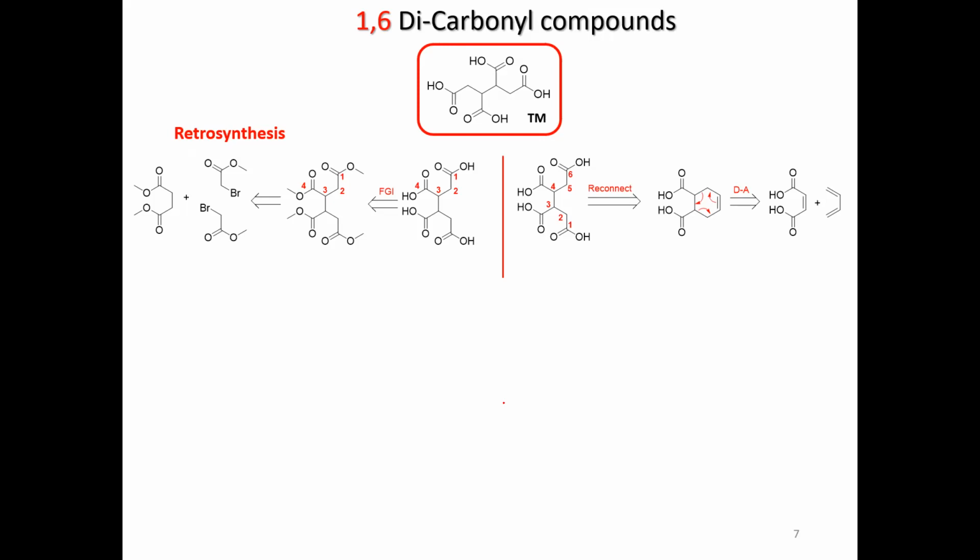In synthesis, you need to turn the carboxylic acids into esters, too. You need to tell me, I will not use that carboxylic acid with a base taking the alpha protons. No, that will take the carboxylic acid proton first. That's really important.